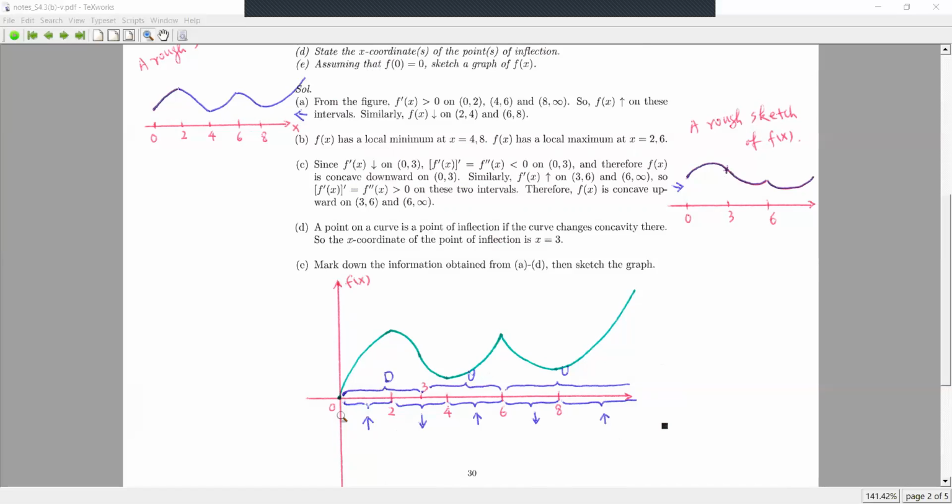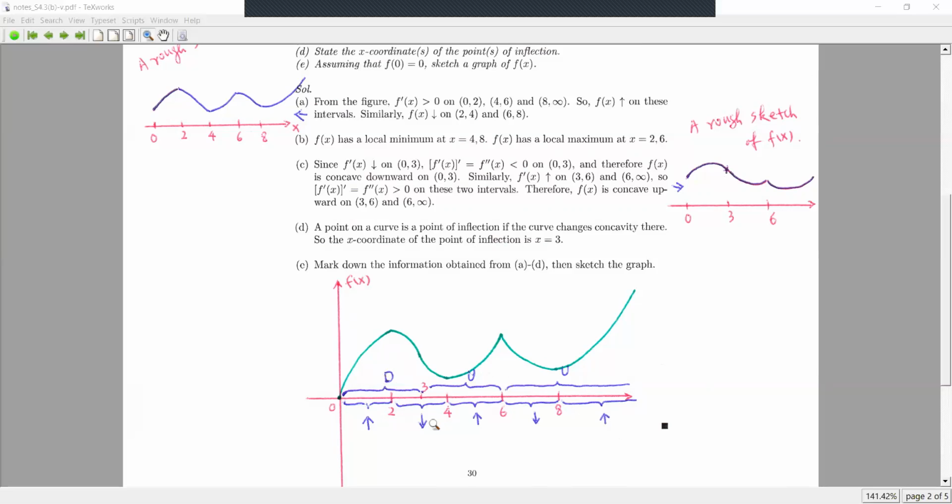The first piece, 0 to 2: the graph is increasing and concave down, so I draw a curve like this. Second piece, 2 to 3: the graph should be concave down and decreasing, so I draw a curve going down.